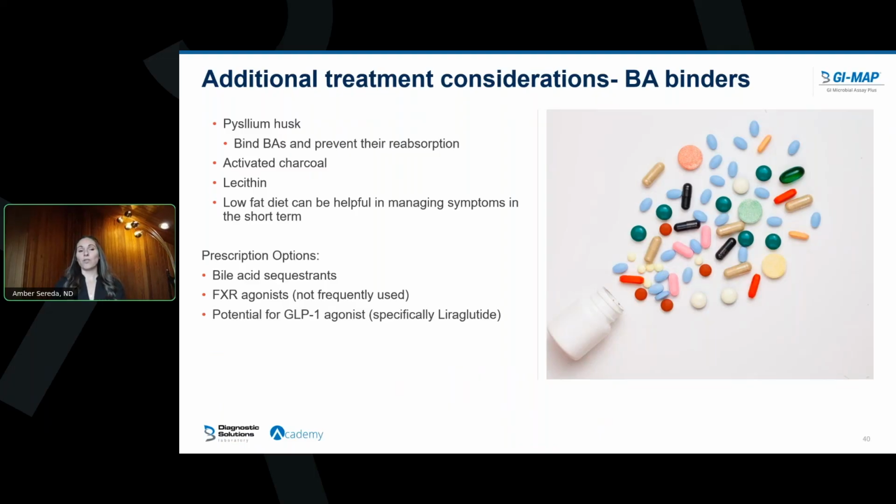And then there is potential for GLP-1 agonists. Now, we do need a lot more literature on this, but there was a small short-term study. It was a 6-week-long study with a small number of participants, and it was specifically using liraglutide.